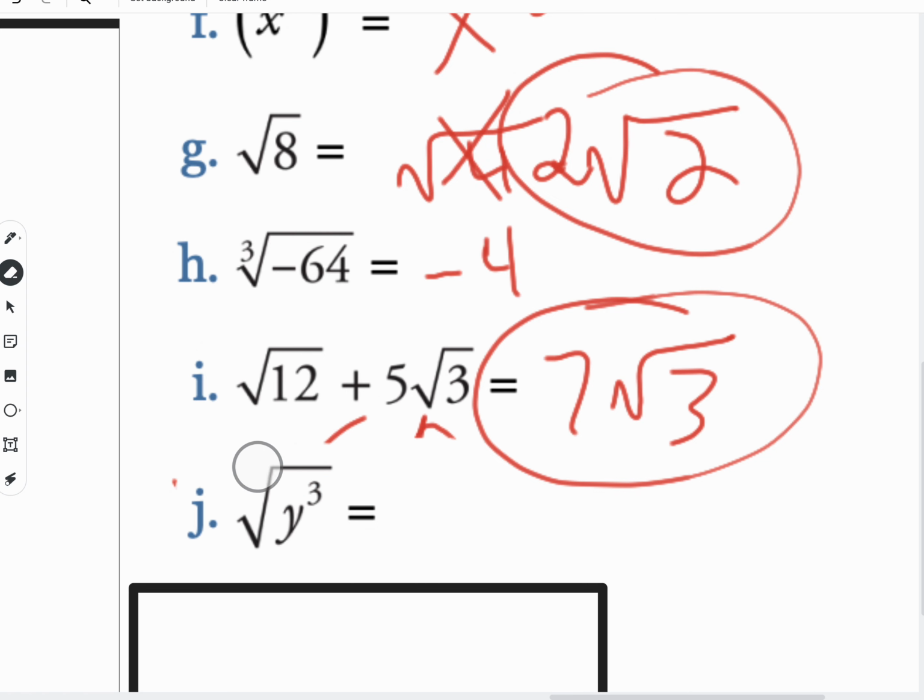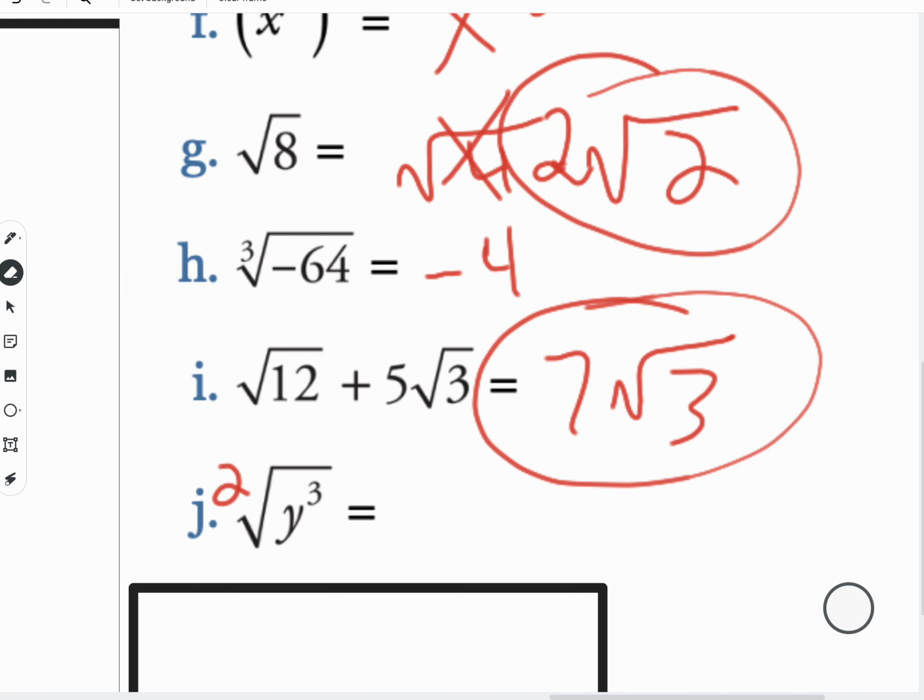J is the square root of y cubed. Here again we're going to bring out our y. There is an understood 2 here. When it's not written, that's a square root.